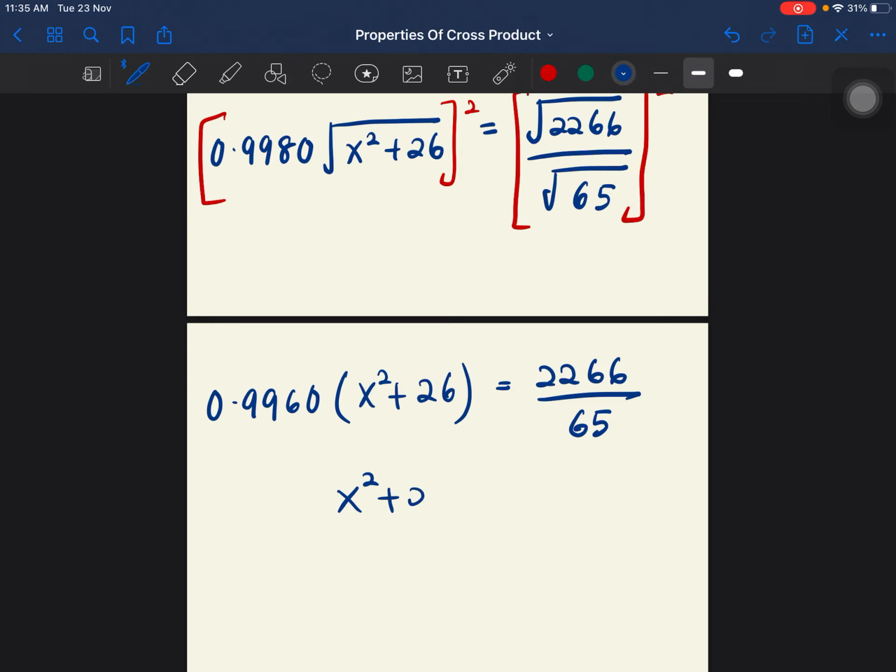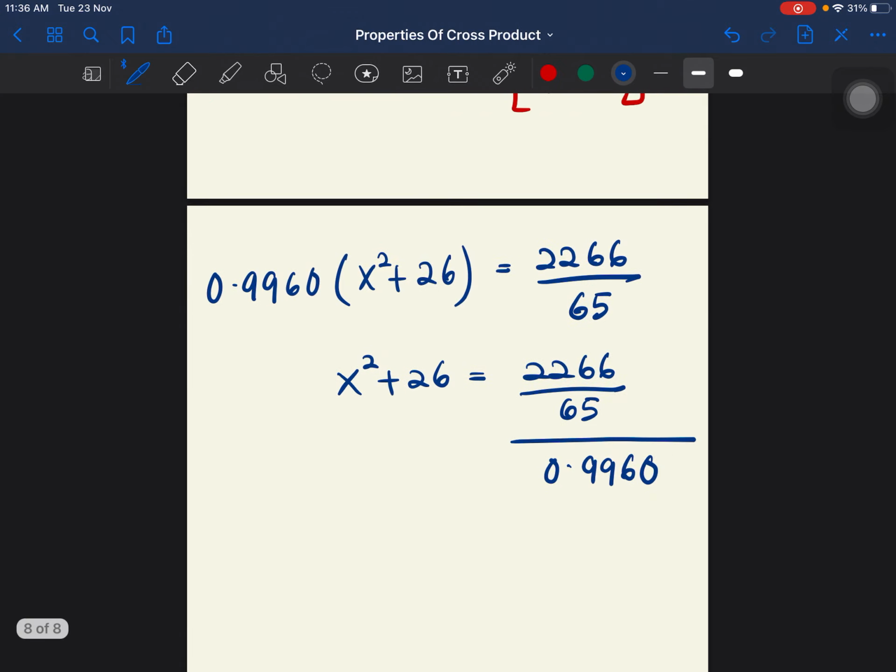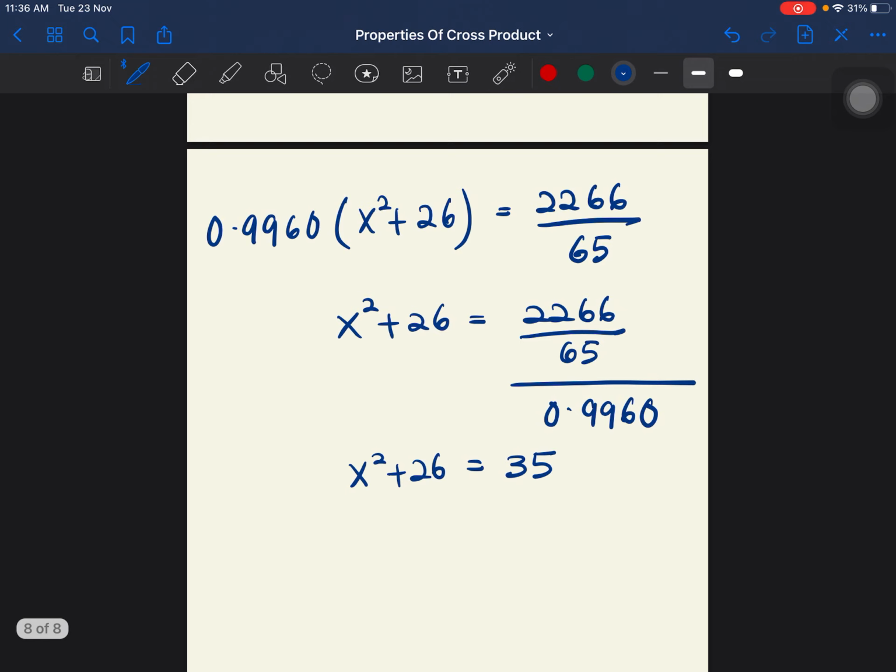So you will have x squared plus 26 is equal to 2266 over 65 divided by 0.9960, which is equal to 35. So can you find the value of x?